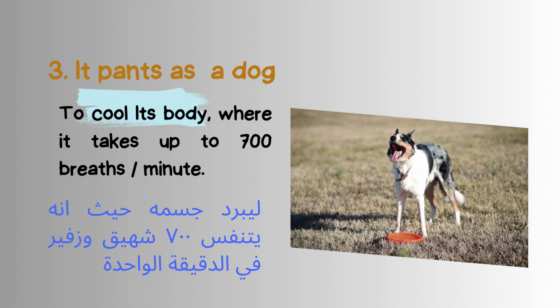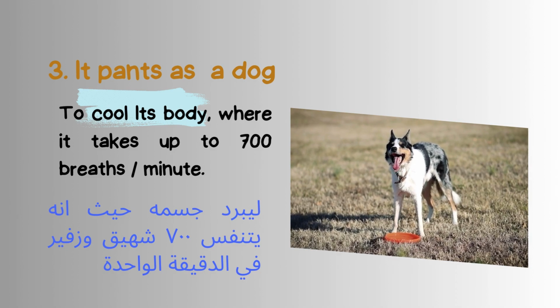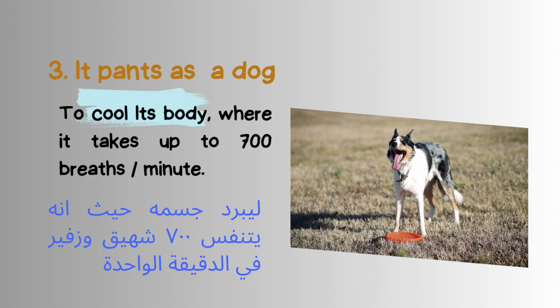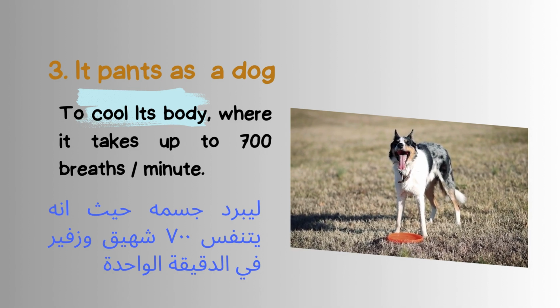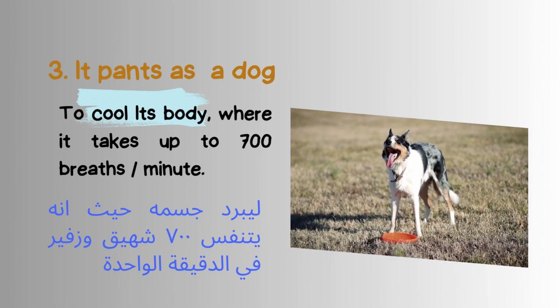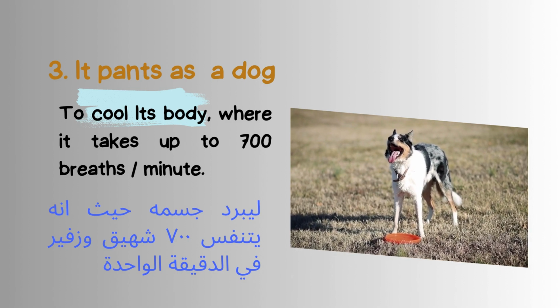Its body to be cool. Why? Because it takes up to 700 breaths per minute. As in 1 minute, it can do 700 breaths. And this helps it to cool its body.